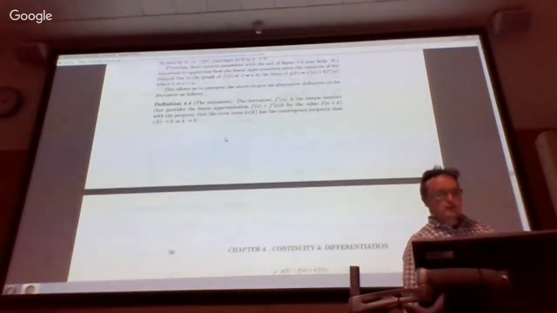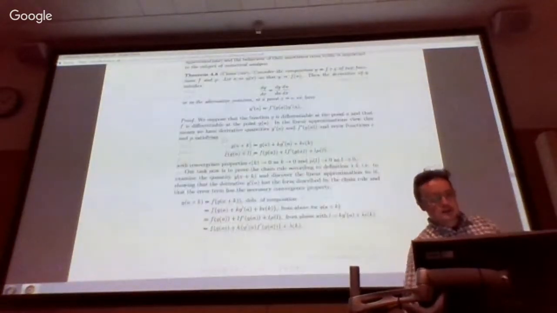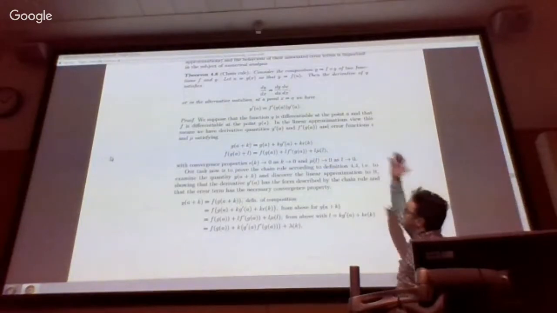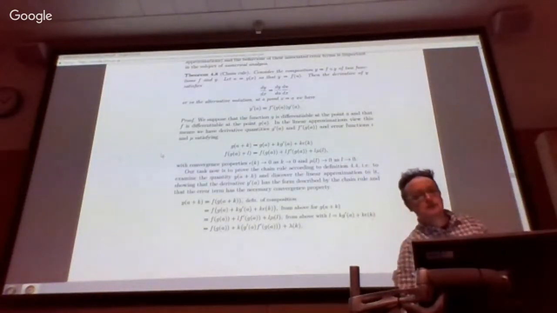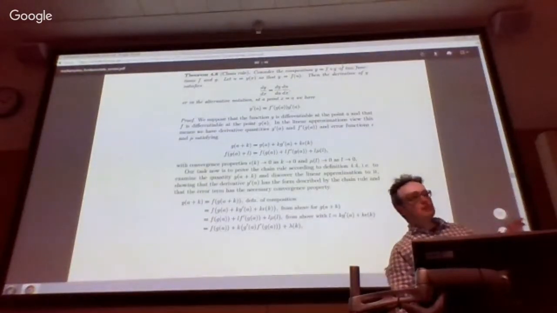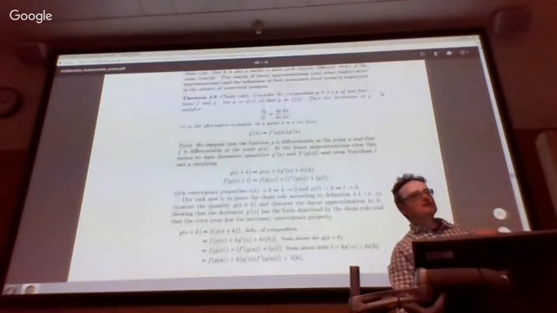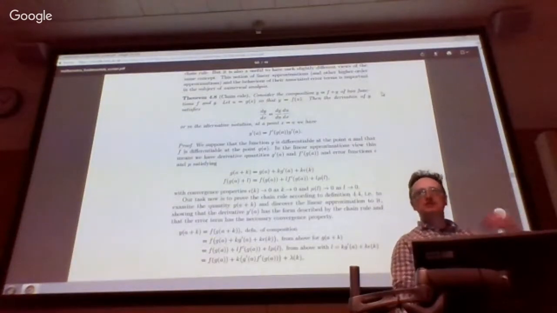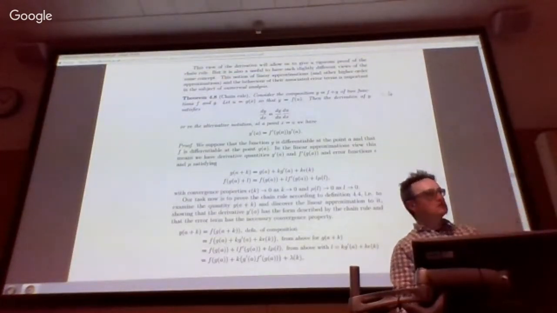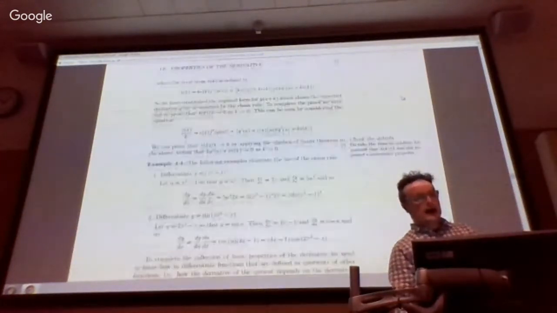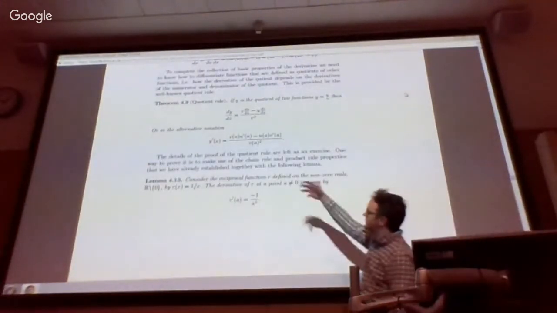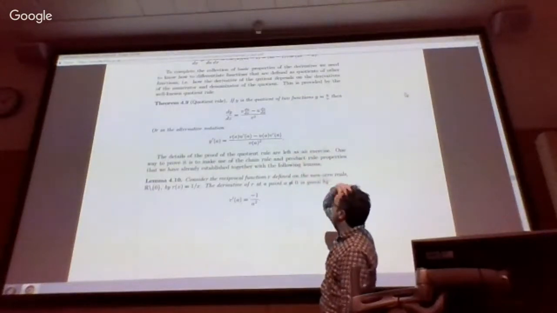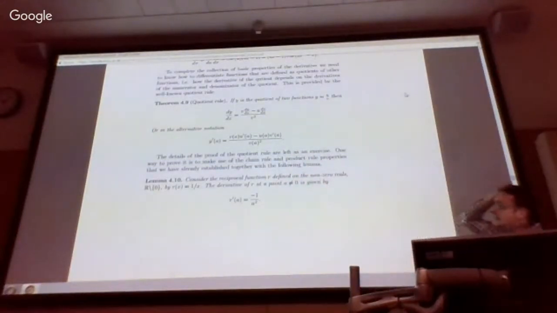And then further on in the notes, you'll see results about something called the chain rule, which refers to compositions. Composing functions is a very important operation. We want to know how the derivative of a composition relates to the derivatives of the individual parts. And appearing afterwards, because it's the way we prove it, we have a quotient rule, which again is not the naive quotient rule you might expect.